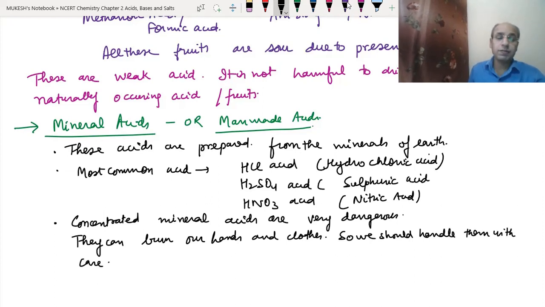Whenever you go to the science laboratory in school, do not unnecessarily touch the acid or any kind of chemical present in the laboratory unless it is required, and that too under supervision, by asking the lab assistant present in the laboratory or the teacher. Otherwise it can harm you, because they are very strong acids.